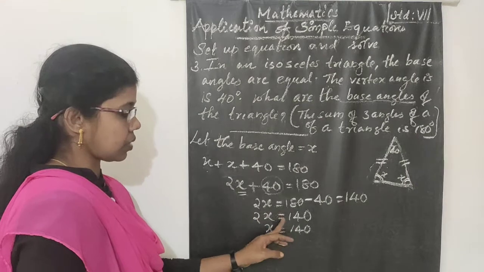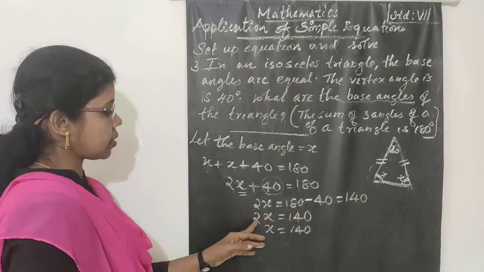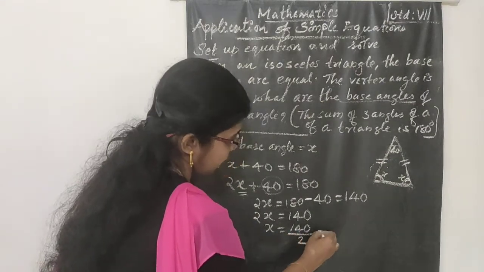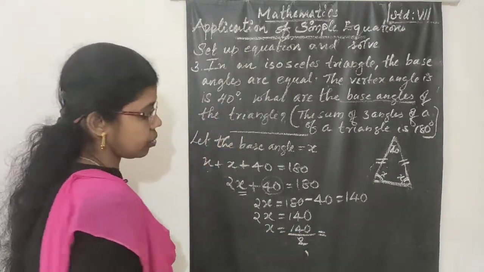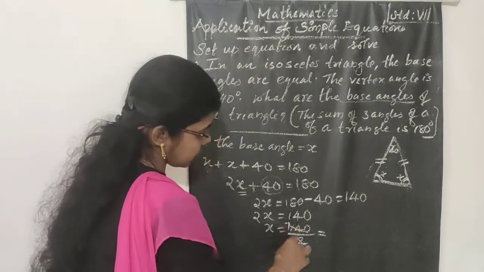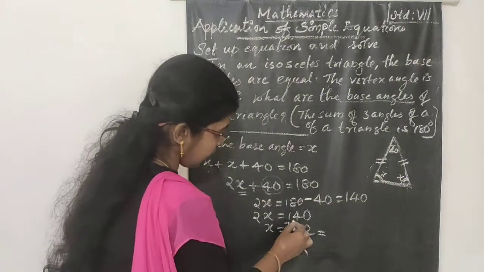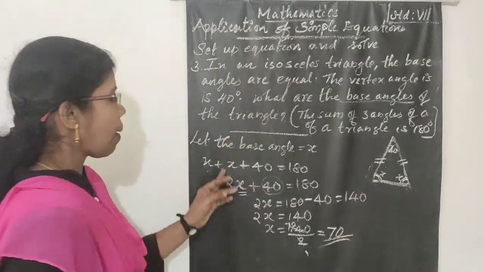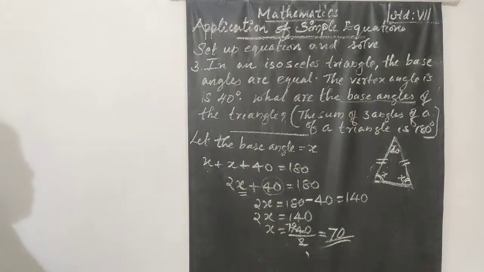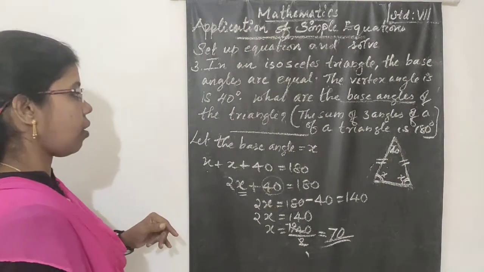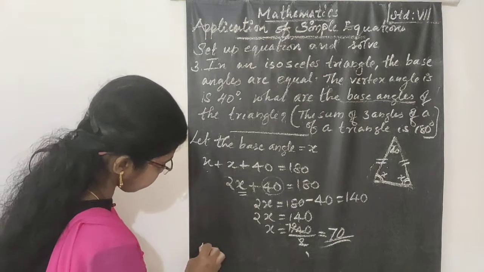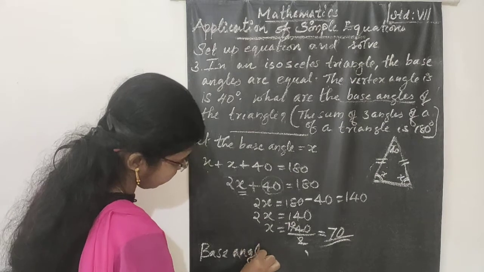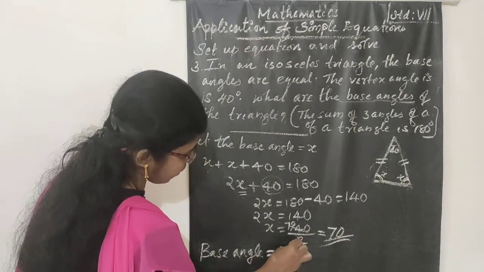This 2 multiplied with x is transposed to the RHS, and the multiplication changes into division by 2. 7 2s are 14, then 0. That is equal to 70. That means the base angle of the given triangle is 70 degrees.